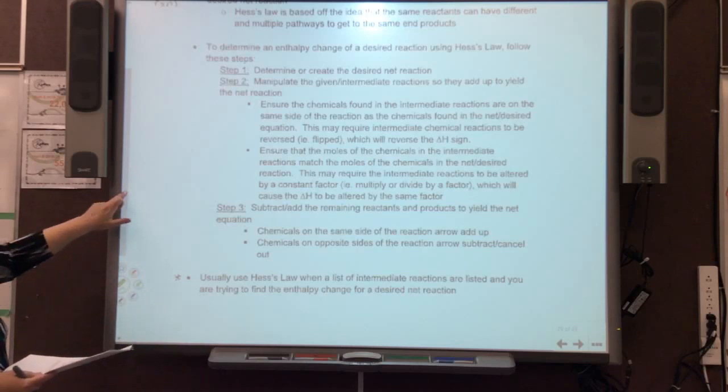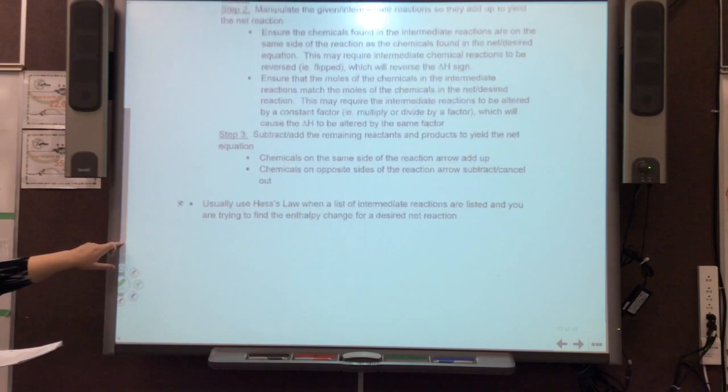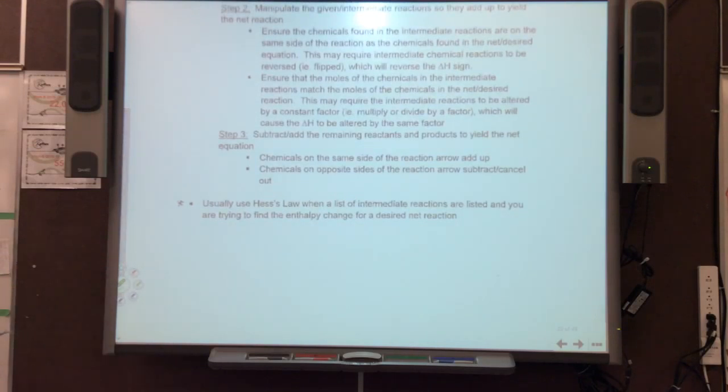And then it says subtract, but basically you're adding a negative enthalpy. So subtract or add the reactants and products to get the net equation, and then you do the same thing for the enthalpies. So usually we use Hess's law when we have intermediate reactions listed and you want an enthalpy change for a desired net reaction. So this is what it looks like.